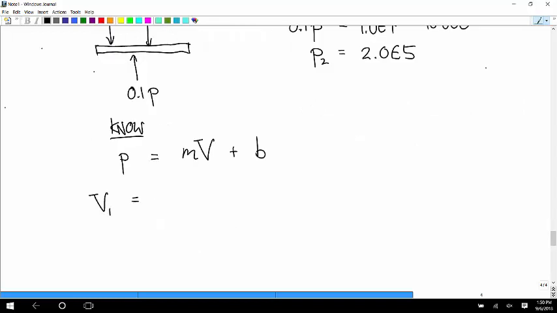V1 is equal to, I'm not going to finish this problem, but I'm going to hopefully just get it to a point where you can tell where to go. So we have the total mass, 0.02, times the specific volume of 0.001.